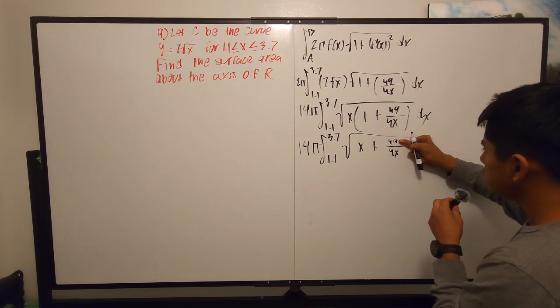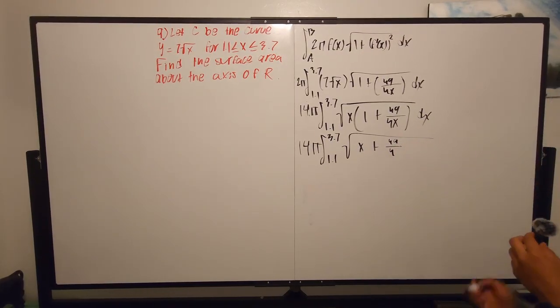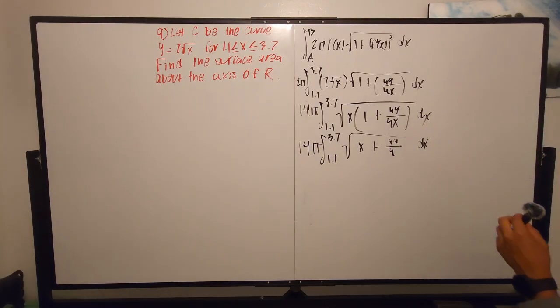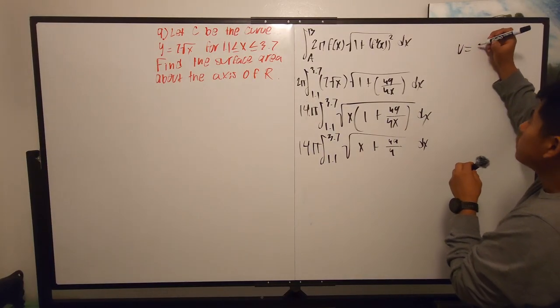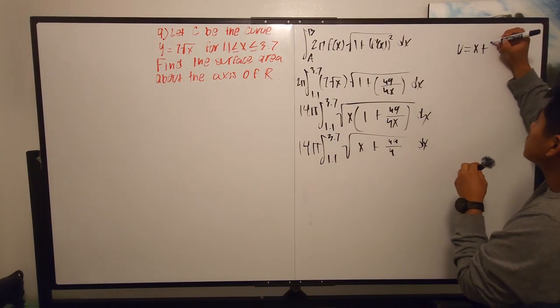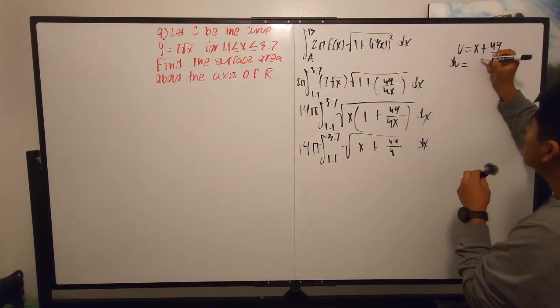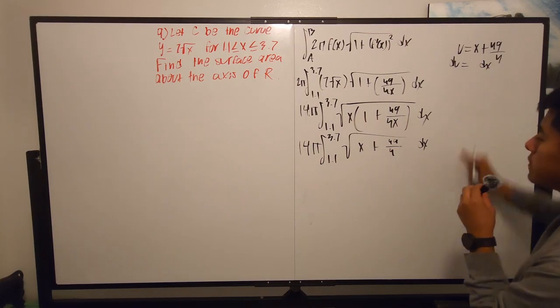So these x's will cancel out. So we have 49 over 4 dx, and now we could use a simple u substitution, making u equal to x plus 49 over 4. So then du is just going to be equal to 1 dx, or just dx.